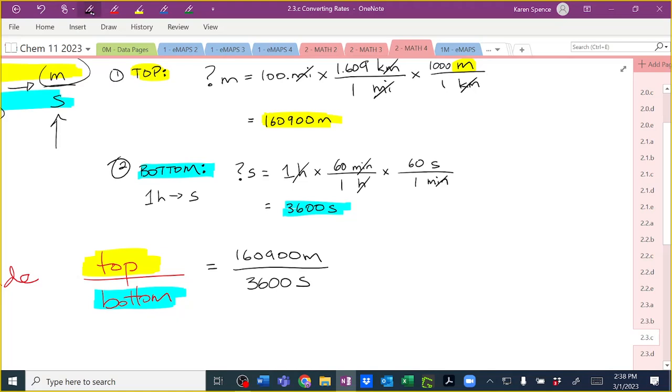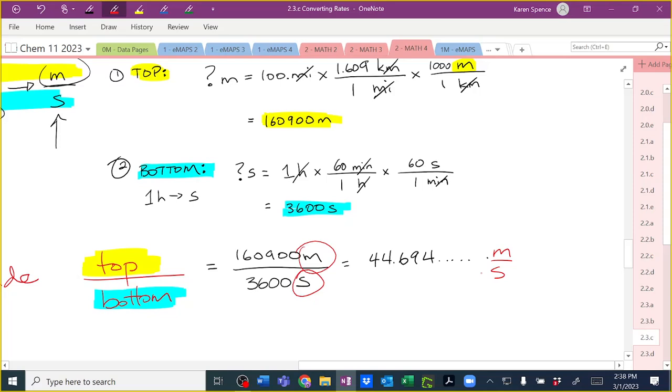And you get, guess what, the same number as we got before, 44.694. And the units are meters per second.